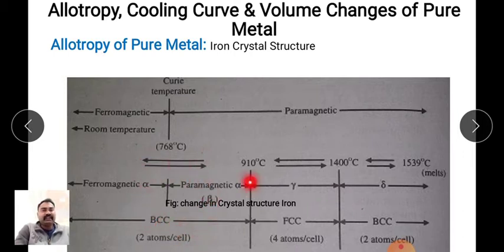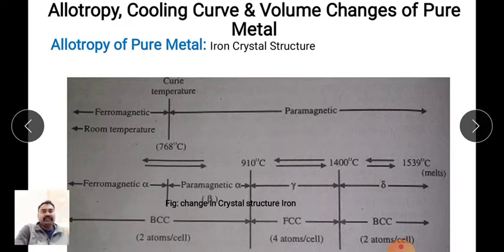From 910 up to 1400 degrees Celsius, austenite is present, and in between 1400 to 1539 degrees Celsius, delta ferrite is present. So from room temperature to 910, from 910 to 1400, and from 1400 to 1539, in these 3 sections we will have to study the allotropy of pure metal.